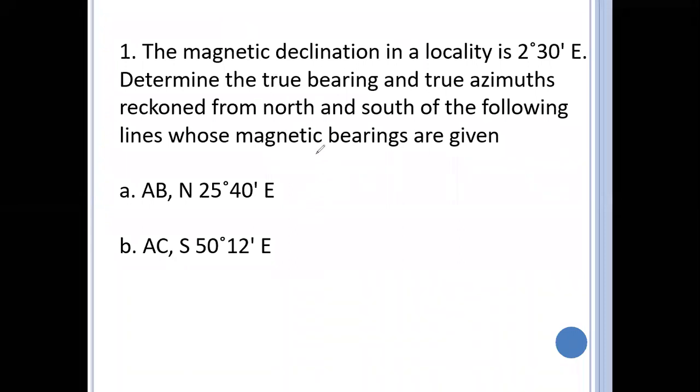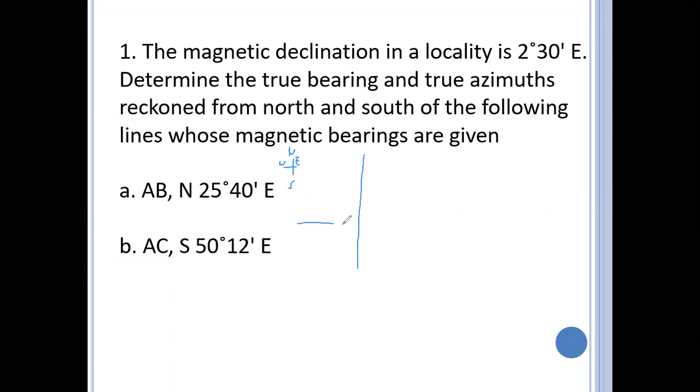So of course, yung first step dyan, so if this is the north, east, west, south direction. So this is the true north. And we're given here the magnetic declination to the east. This is 2 30.